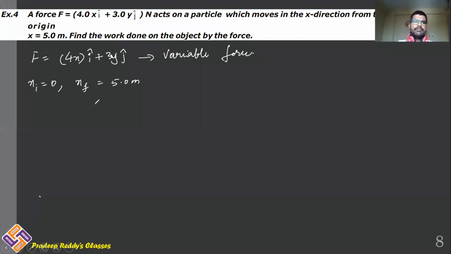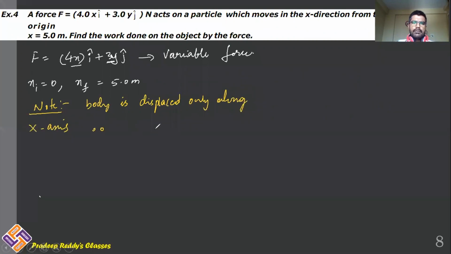See here, we have an x component as well as a y component of the force. But in which direction is displacement observed? Displacement is observed only in the x direction. So note here, the body is displaced only along the x axis.